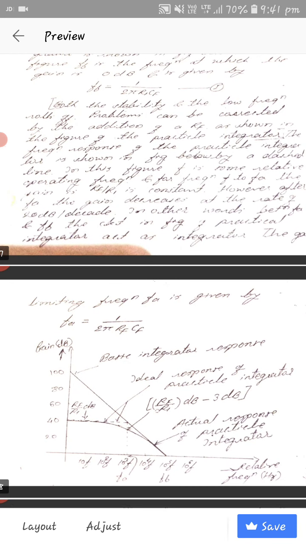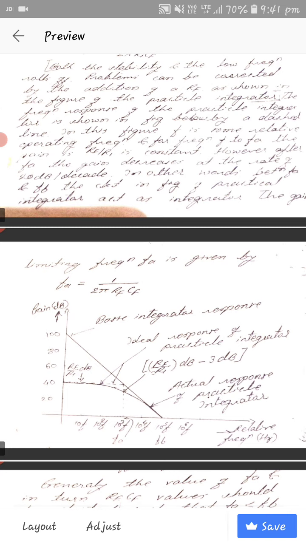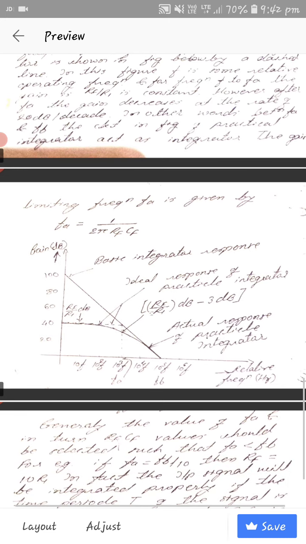However, beyond that the gain decreases at the rate of 20 decibels per decade. In other words, between FA and FB in the figure, the circuit of the practical integrator acts as an integrator.